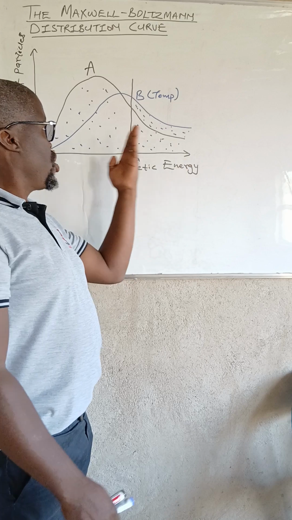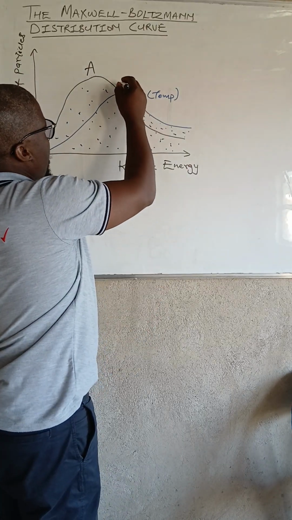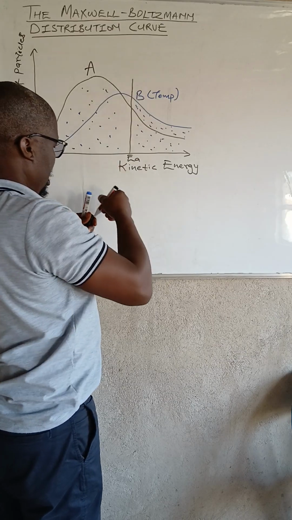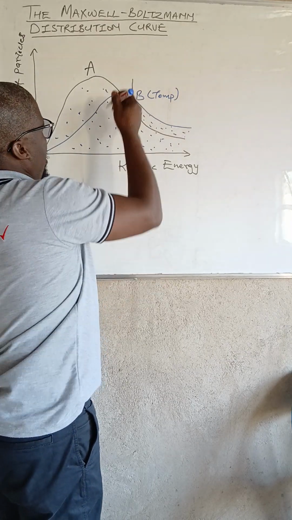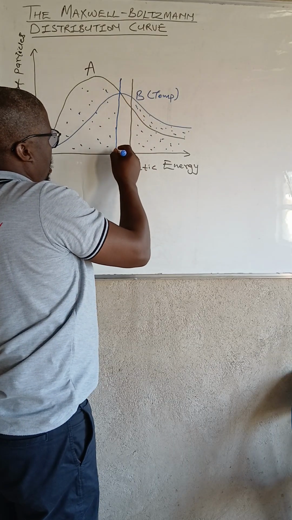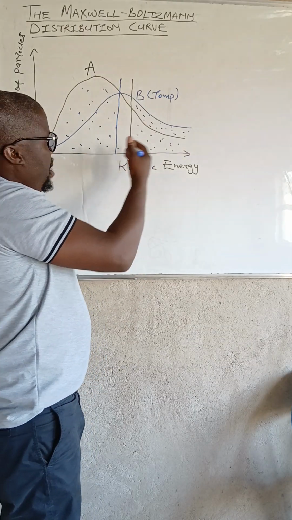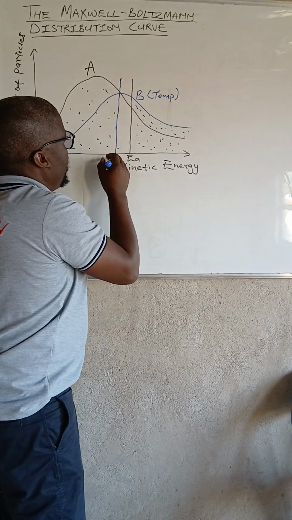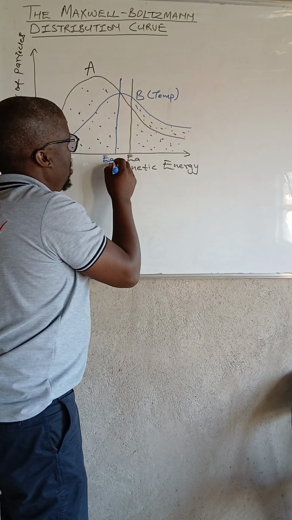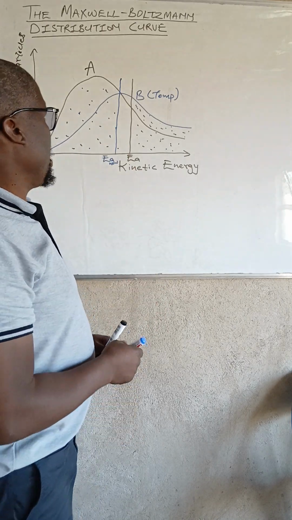We're going to get a new activation energy, so meaning that we're going to get something like this. Let me use the blue marker. The activation energy will shift to the left. So this will be the new activation energy.